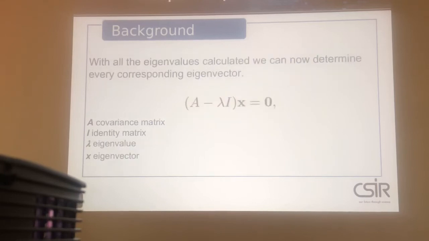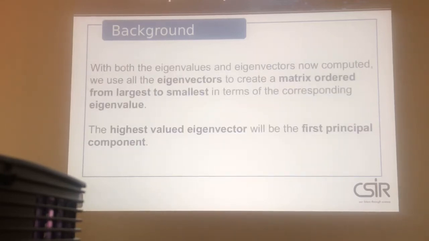Then what you want to do is arrange them from highest to lowest in terms of the eigenvalues, and those become the eigenvectors, and each eigenvector in that order is a new dimension that you use for your new columns. They're called principal components. So the first one is the first principal component, the second one is the second, and so on. Okay.